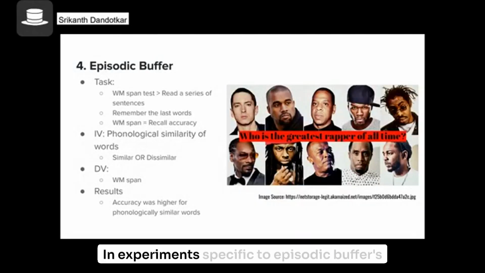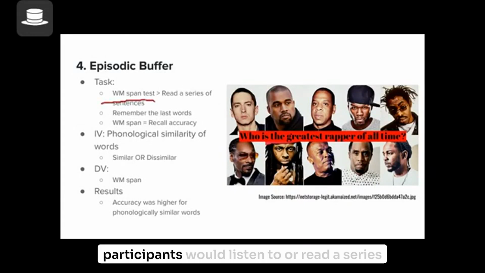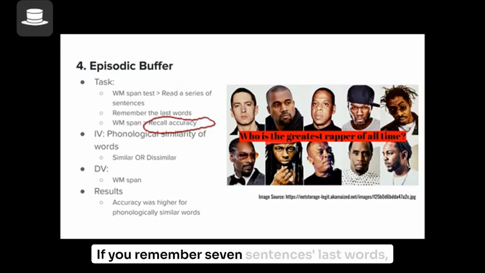In experiments specific to episodic buffers, reverse phonological similarity effect, participants typically go through a working memory span test. Participants would listen to or read a series of sentences, and the last word of the sentence is what they are supposed to remember after a series of sentences that they have read. Working memory span would be your recall accuracy. If you remember 7 sentences' last words, your working memory span would be 7.